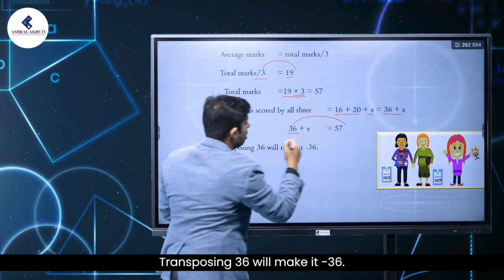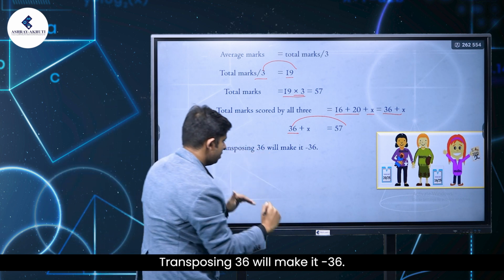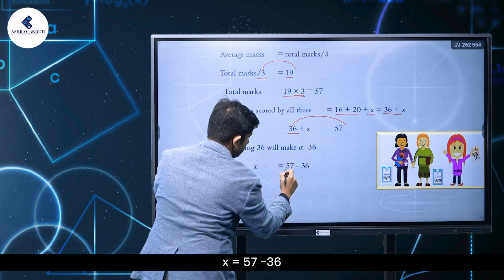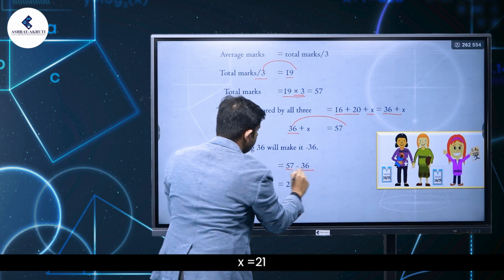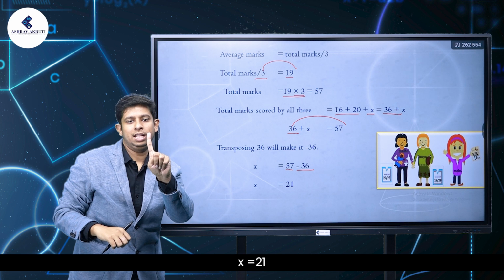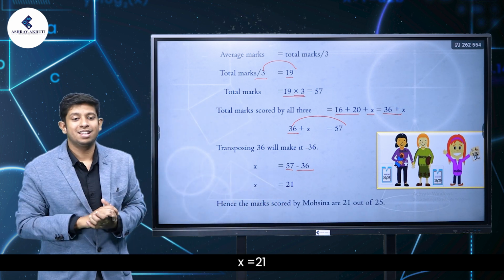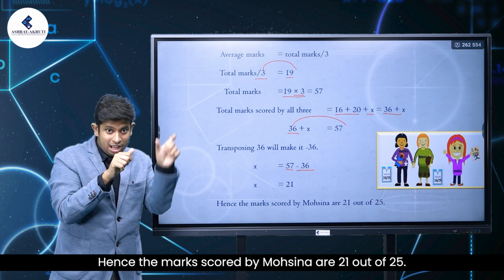Transposing 36 will make it minus 36. x equals 57 minus 36. x equals 21. Hence the marks scored by Mosina are 21 out of 25.